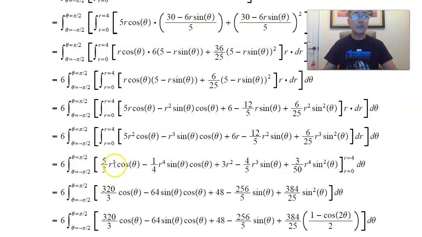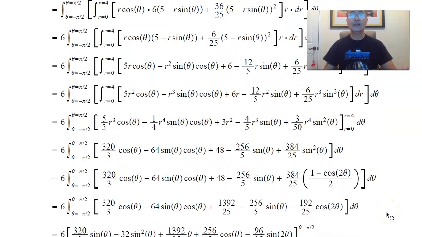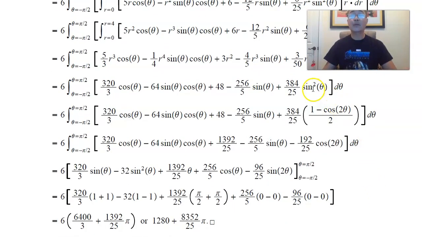Now how about r equals 4? So 4 cubed, 4 to the 4, 4 squared, 4 cubed, 4 to the 4. That step is of course just arithmetic. And now what do we have? We have sine squared as the nastiest term. And we perform our power reduction in that case.